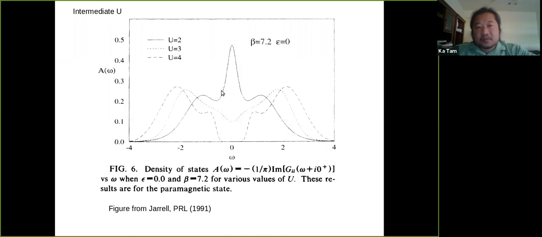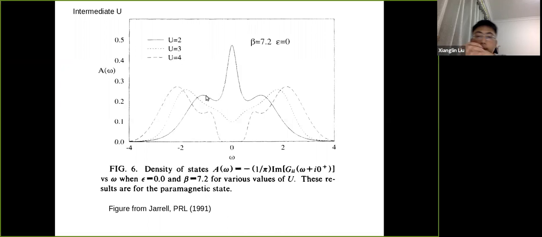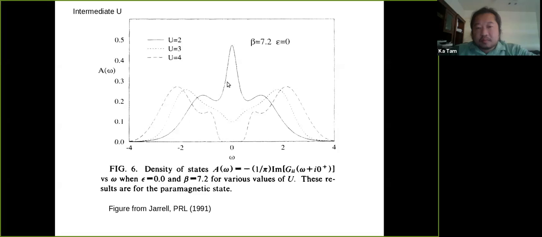You can see for small values of U, there is a very high sharp peak at energy 0. As he cranks up U from 2 to 3, the peak in the middle is much reduced, and the bands at minus U over 2 and U over 2 are setting up at the sides.